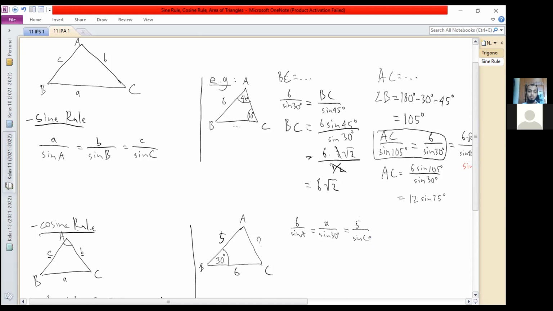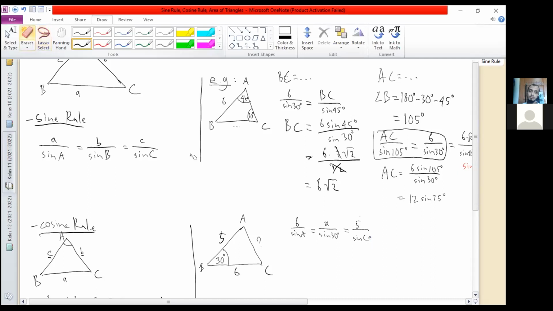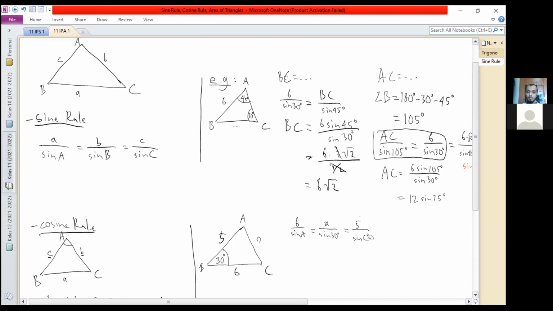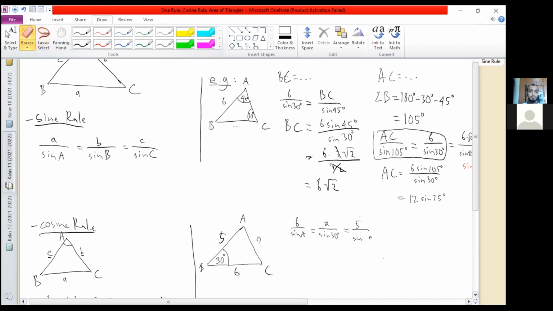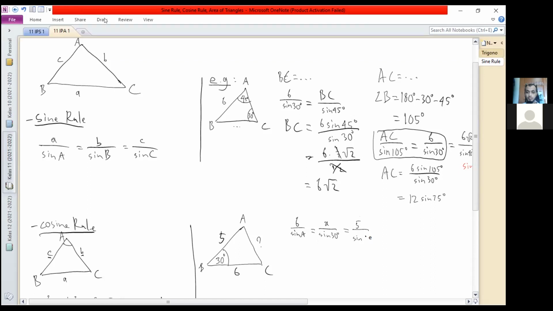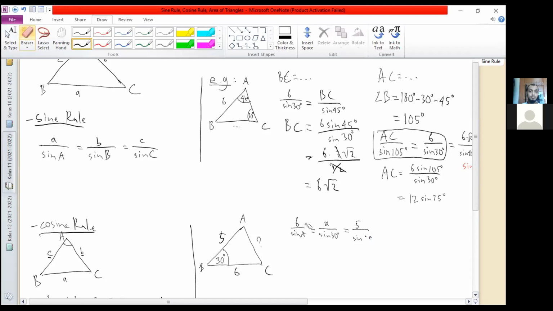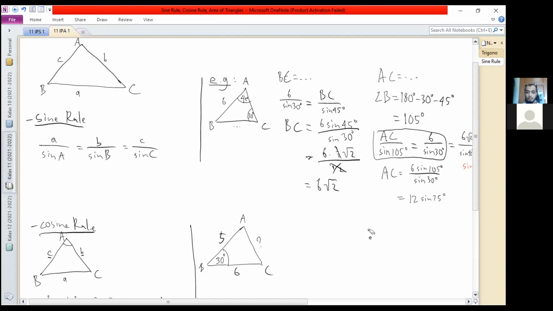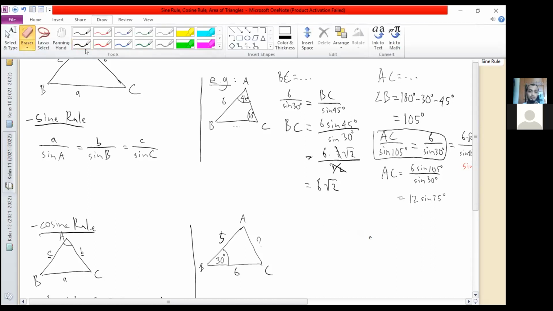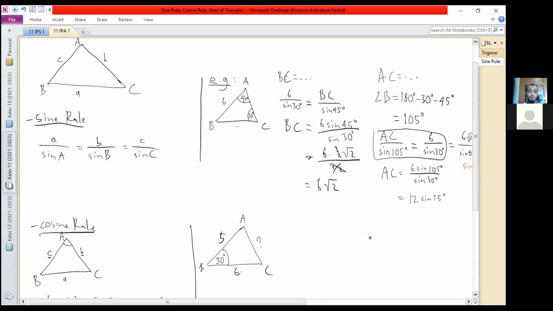So that's why we have another rule, which is the cosine rule. So we are not using the sine rule here. We are going to use the cosine rule. Using the cosine rule, in this case, it's very easy to find AC.